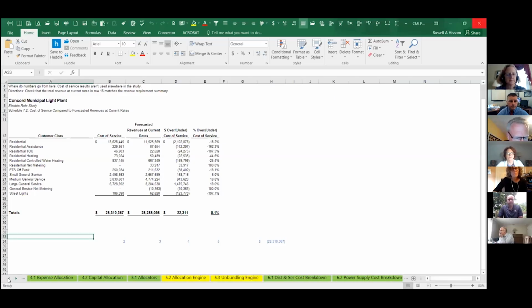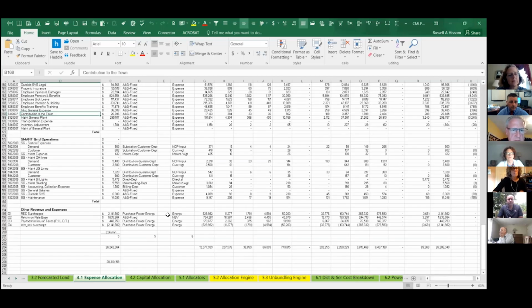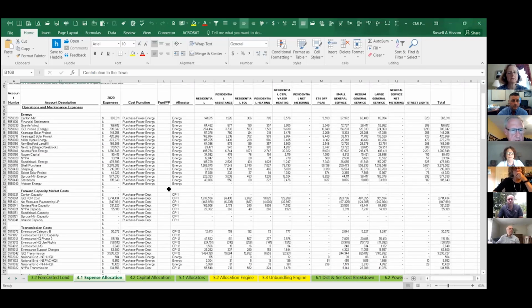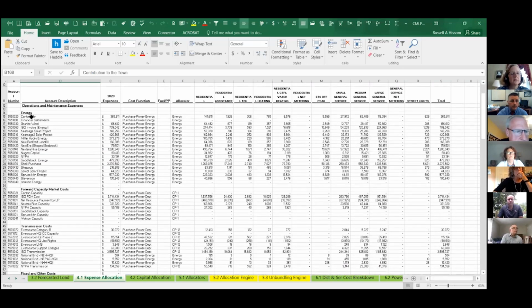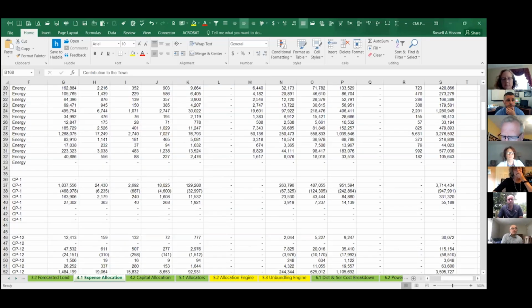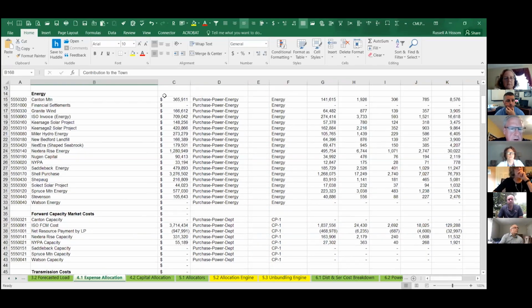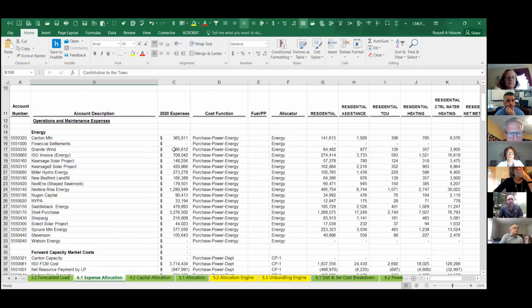Yep. Okay, so here's an example, and again, we'll keep this small and keep it for theory, but here on the left-hand side of your screen, I want to blow this up just a little bit. Here's all the various types of energy that you have. And of course, we're going to functionalize these by cost type.